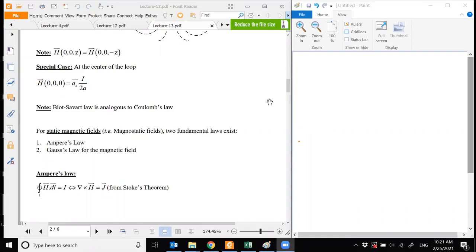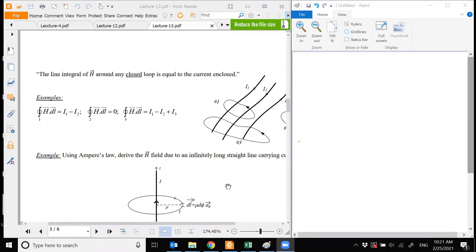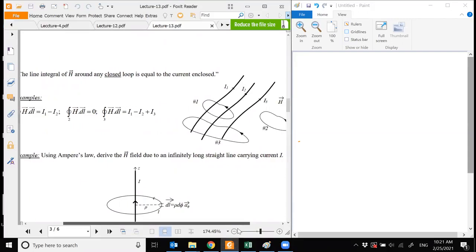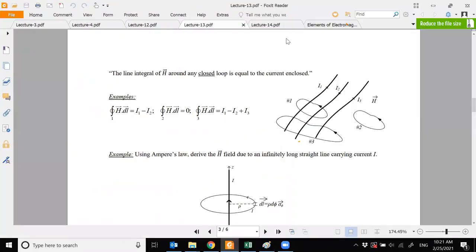So this is Ampere's law. To visualize it further, let me expand this. These are some of the examples.